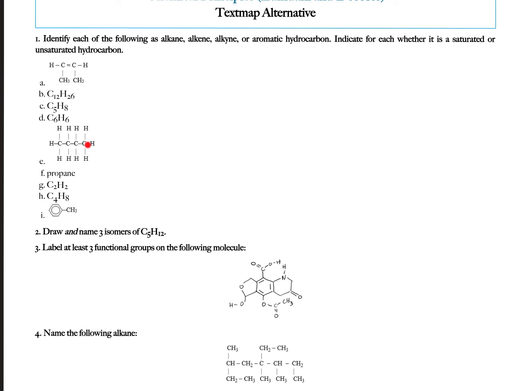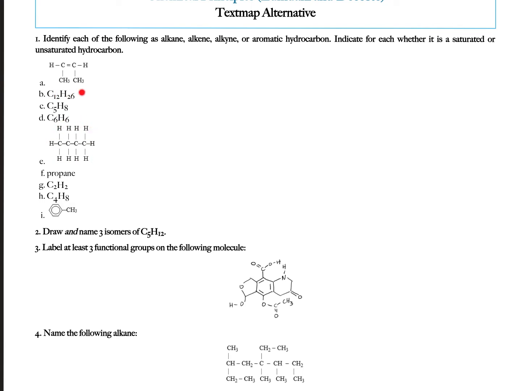So here I've got 4 carbons. That means I'm going to have double that number, 8 plus 2 bonus, that's 10. The formula for this would be C4H10. And the relationship between 4 and 10 is exactly what I just described. 10 is you take 4, multiply it by 2, and then you add 2.